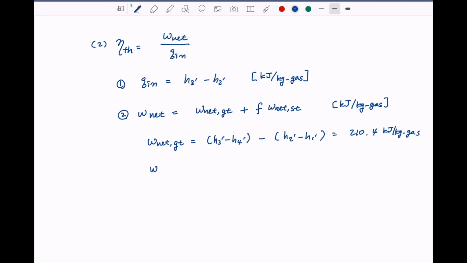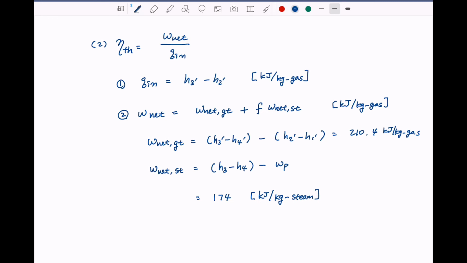And if we calculate the steam case, that is H3 minus H4 minus pump work. Okay. And also we can calculate the pump work, we can calculate the steam turbine work. So from this calculation, now we have 174, and this unit is not kilojoule per kilogram gas, but is kilojoule per kilogram steam.